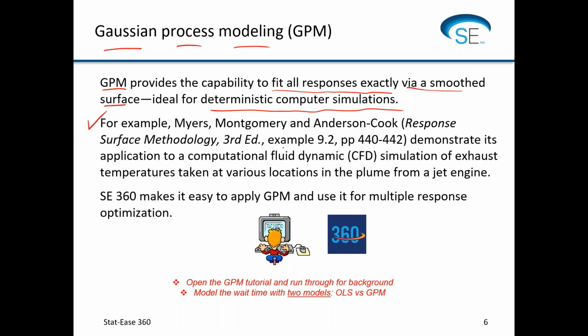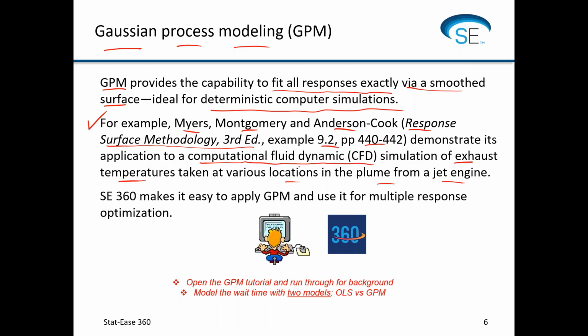It's become very popular for deterministic computer simulations, as opposed to using the more old-fashioned transfer functions that I was mentioning that the General Electric engineers use for their finite element analysis. For example, I found in Myers, Montgomery, and Anderson-Cook's book on response surface methodology, 3rd edition, an example that demonstrates Gaussian process modeling applied to a computational fluid dynamic CFD simulation of exhaust temperatures taken at various locations in the plume of a jet engine.